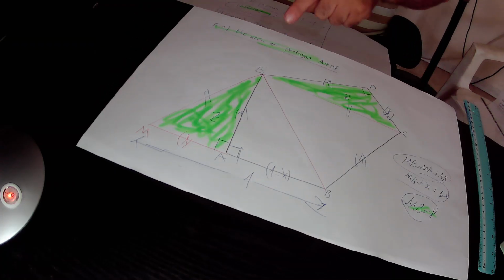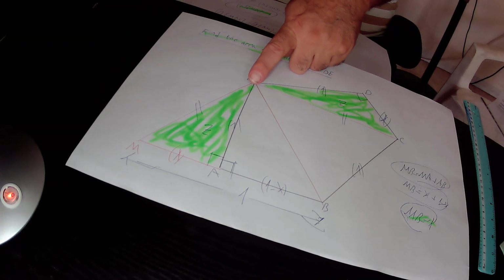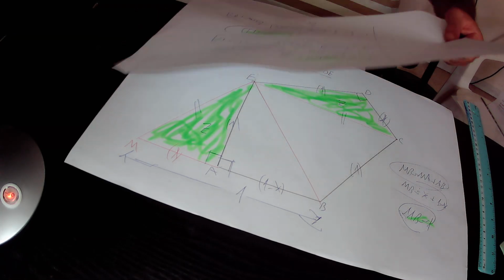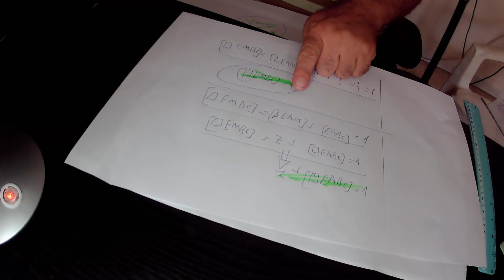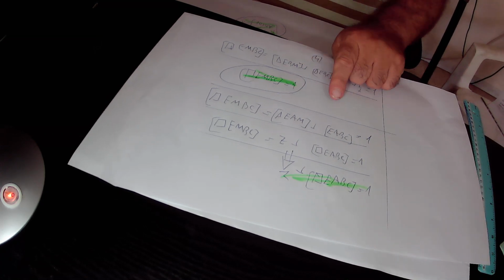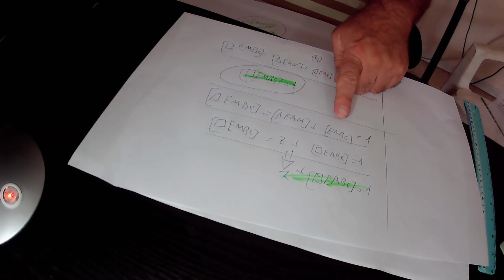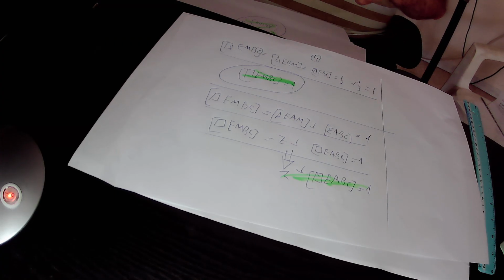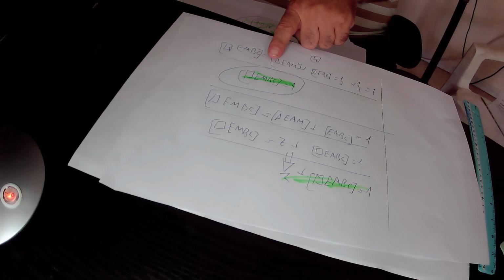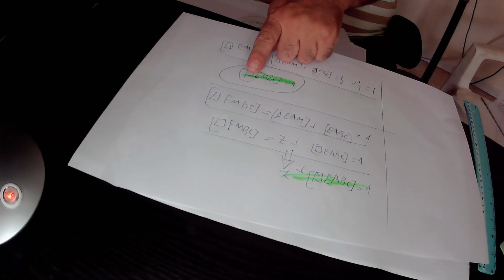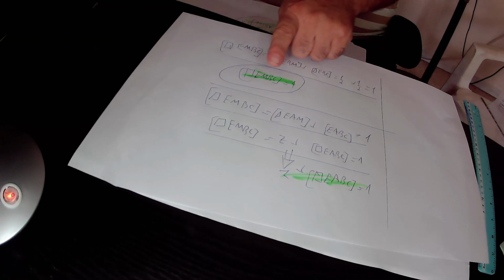But we already found out that the area of the green right triangle EAM is equal to Z square units. So we can substitute the area of triangle EAM by Z, plus the area of quadrangle EABC. And we already found out that the area of the big quadrangle EMBC equals 1.